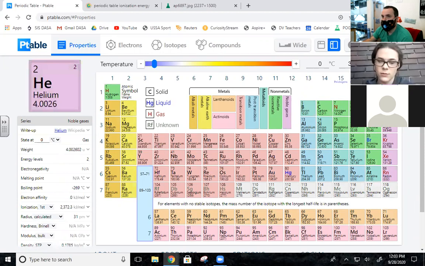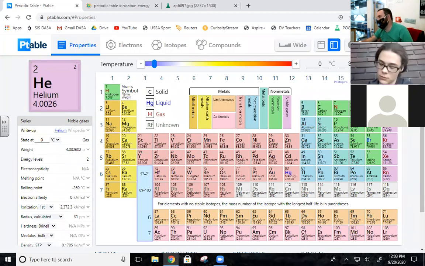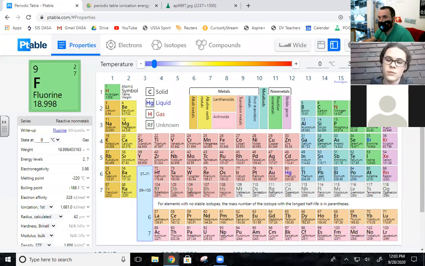The difference between ionization energy and electronegativity is just kind of a basic one, but electronegativity, you could define it as the amount that an element wants electrons. Okay? The amount that an element wants electrons. And it is highest in fluorine.